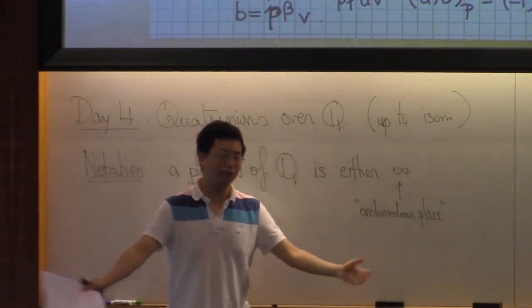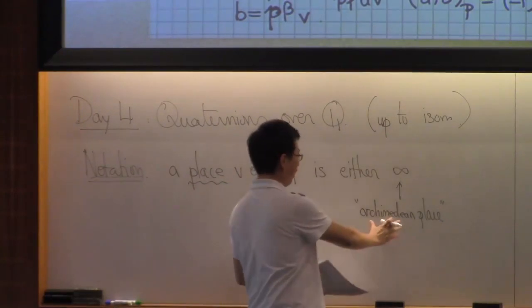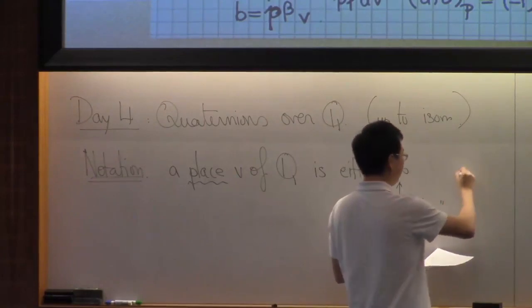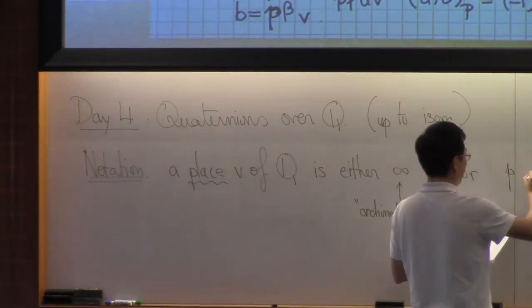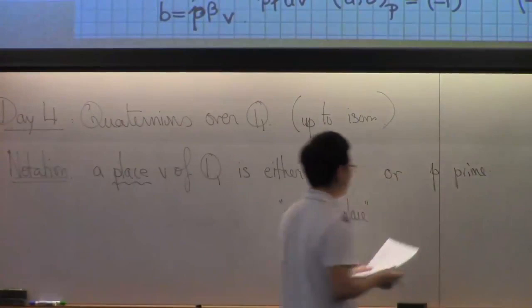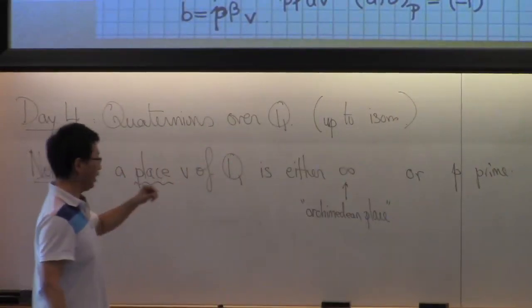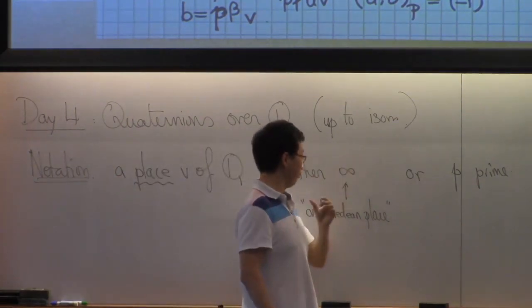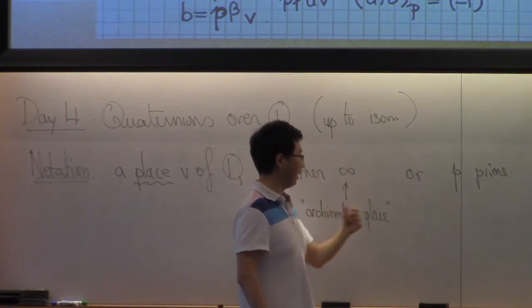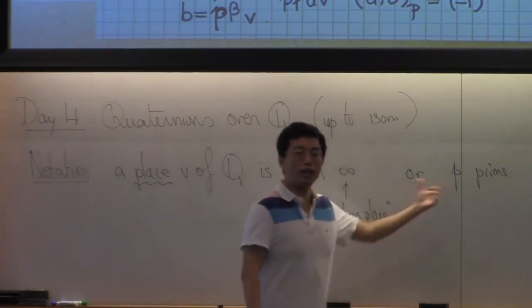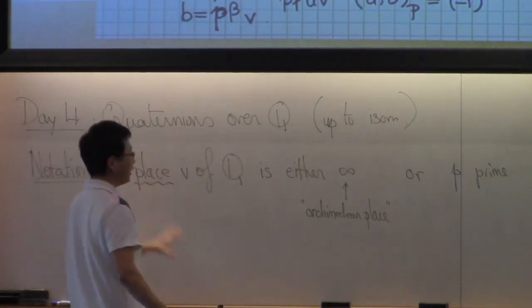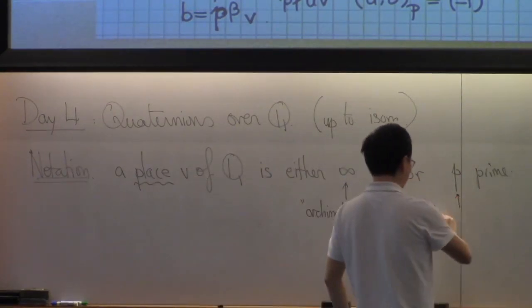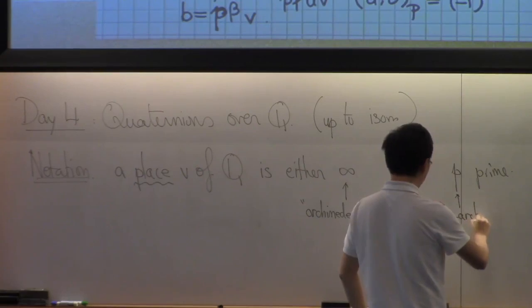Or v is a prime p. The idea is that we equalize the importance of the usual absolute value and the p-adic valuation, or p-adic norm. So when we say a place, I could mean either infinity or p. This is a non-Archimedean place, because Archimedes didn't know about p-adic numbers.